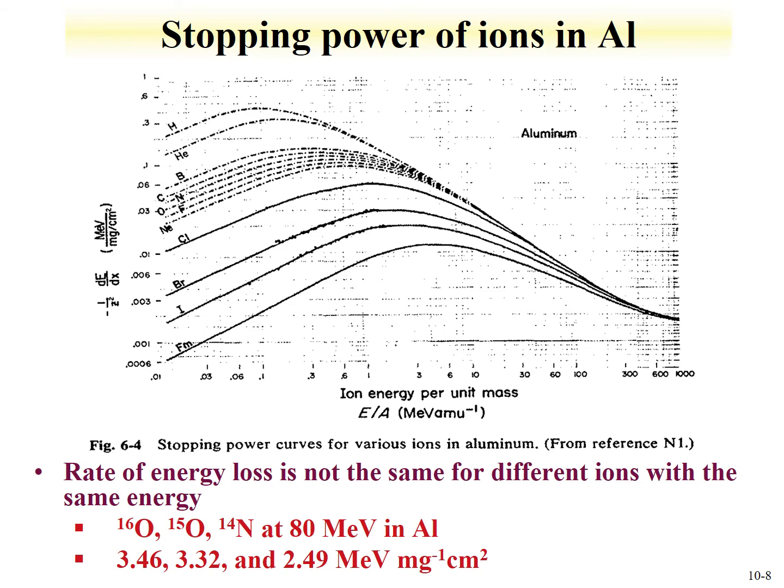What we see here is the rate of energy loss is not the same for different ions with the same energy. So if one examines oxygen 16, 15, nitrogen 14 at 80 MeV in aluminum, we see that we have different stopping powers for these particles.